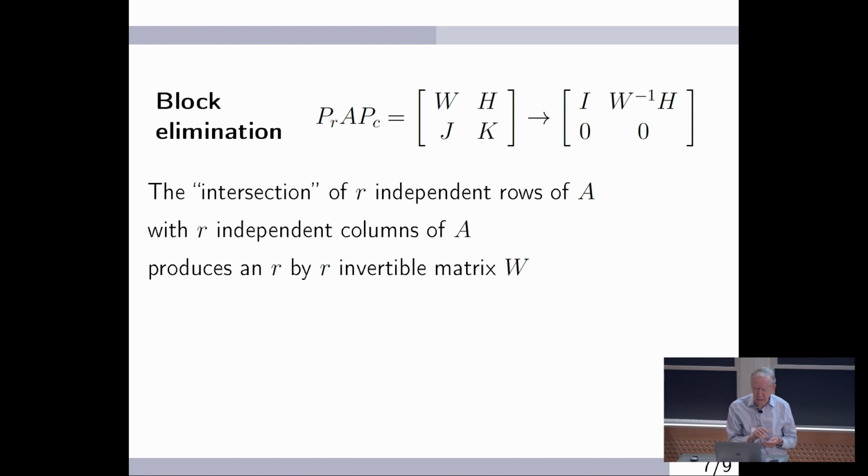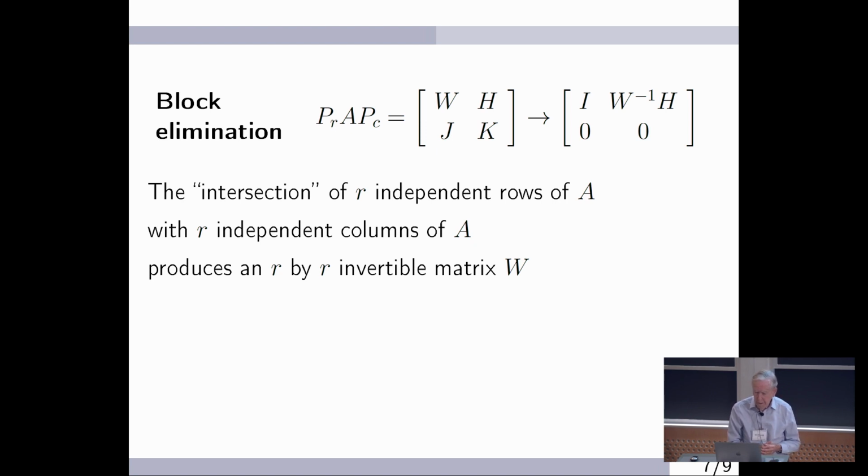So that is row reduction, elimination on a general matrix of rank r, when an r by r invertible submatrix has been moved into the upper left corner.